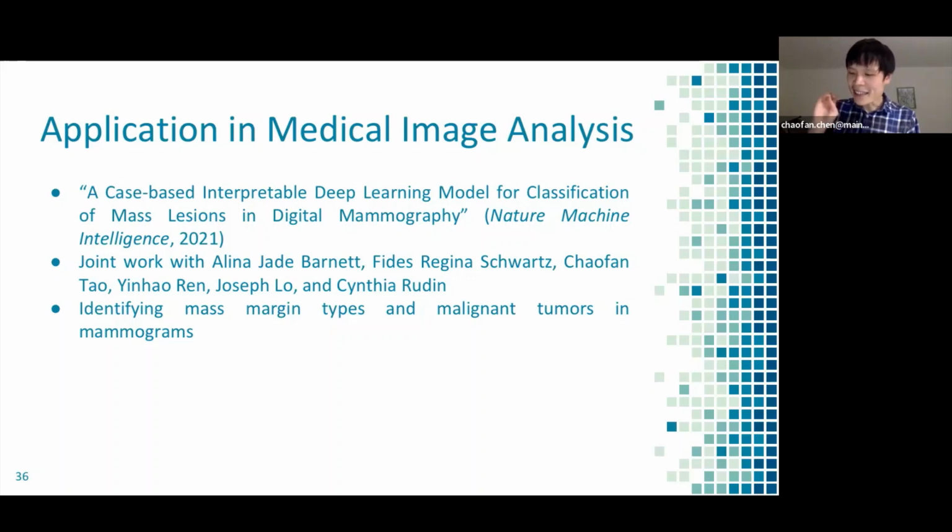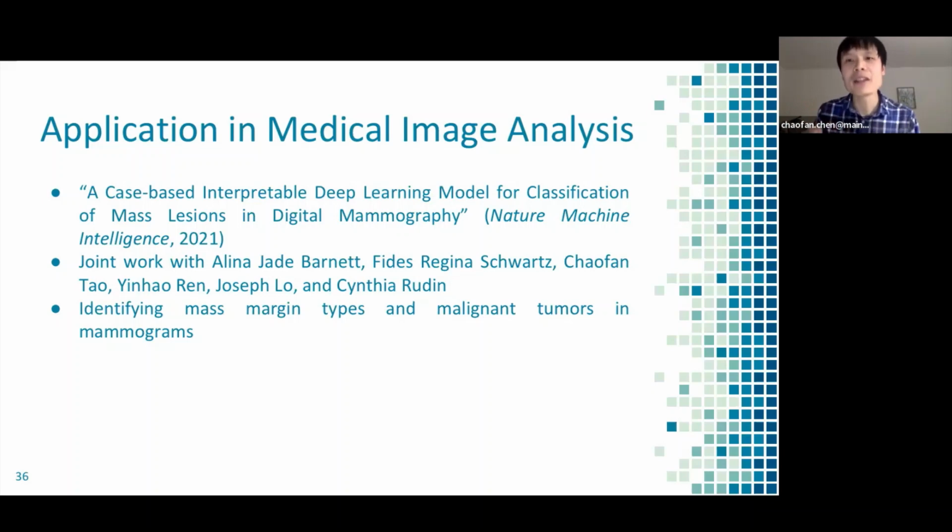The idea here is that if we learn prototypes of these different mass margins, similarities to these prototypes will indicate the presence of these particular BI-RADS features, and we can use them to predict the malignancy of the breast lesion. The paper describing our work is known as a case-based interpretable deep learning model for classification of mass lesions in digital mammography.